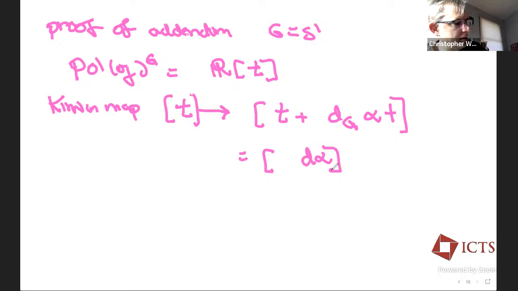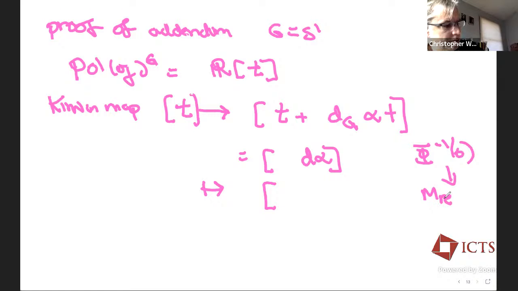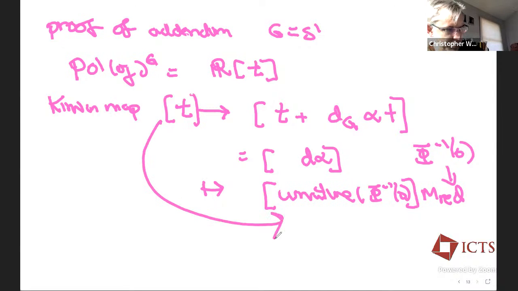And then I said that this form descends under the map phi inverse of 0 to the reduced space. This is an S1 bundle, where if you take d of a connection and you descend it, that's exactly what we mean by the curvature of this bundle. And so this map, which takes a formal parameter and then maps it to a curvature, this is exactly the definition of the Kirwan map.